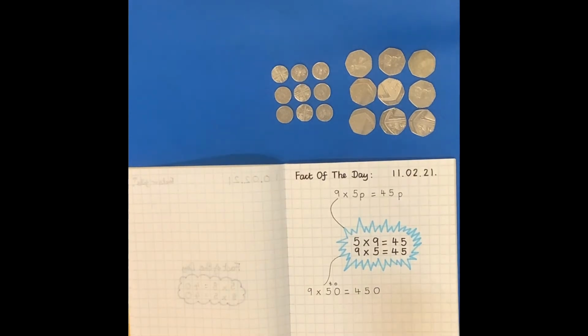450. Notice that there's an extra 0 on this side and there's an extra 0 on this side. So the zeros have to kind of balance out. If I had 90 lots of 50p, I'd be quite a rich woman. Using what I know, there's 2 zeros on this side.